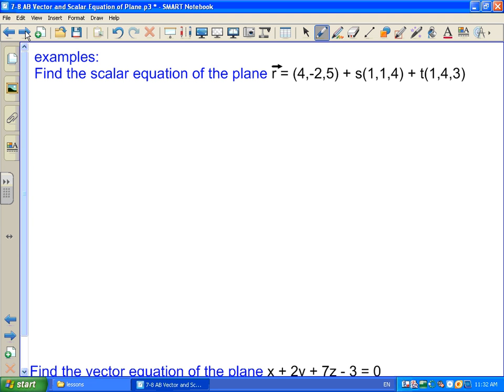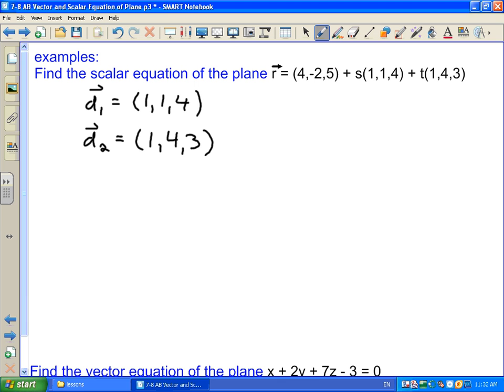So what we can get right away from our vector equation is these 2 direction vectors that lie in the plane. I'll just call these D1 and D2. What we want to be able to find in order to get the scalar equation is a vector that is perpendicular to the plane.